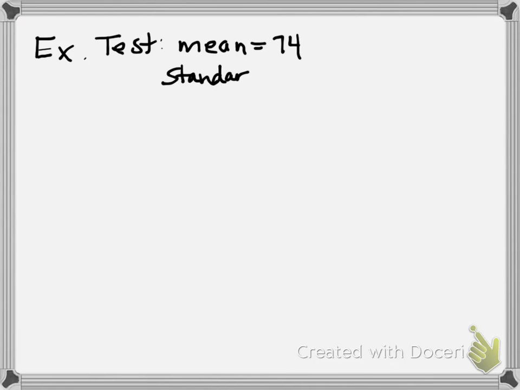Let's say that there is a test that had a mean that was equal to 74, so that's standard average, and there was a standard deviation that was equal to 8. Okay? So, let's answer some questions.